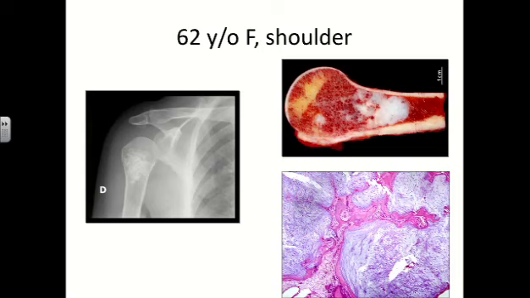And then you've got a gross path, so what's wrong there? And the gross image. Perfect. And then you've got a microscopic image. And actually everything in that microscopic image is abnormal, so excellent. So putting all of this together, what does this patient have?